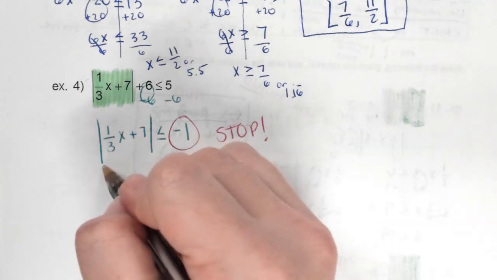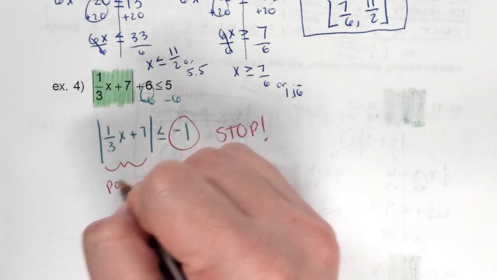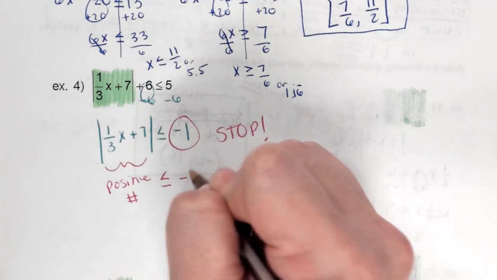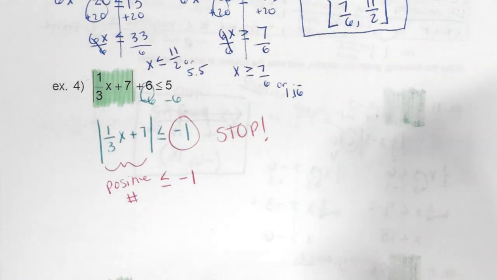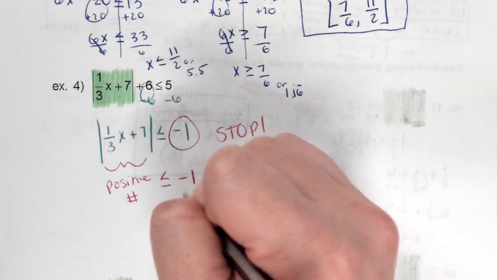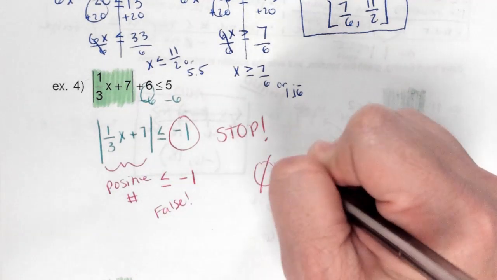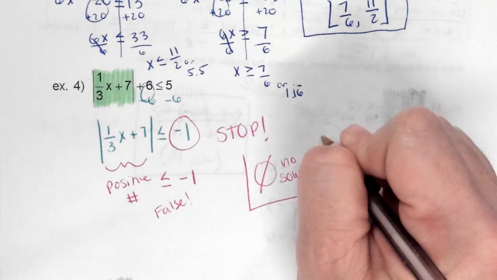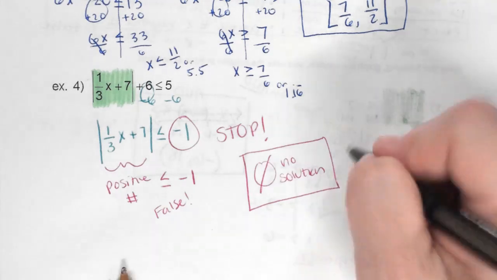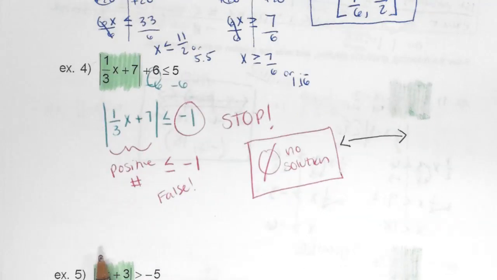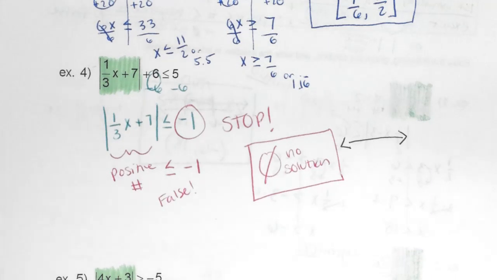Now, we know that absolute values always give us a positive number. Is a positive number less than or equal to -1? No. So this is false, meaning there is no solution. So to graph this one, it's literally just an empty number line because there's no shading.